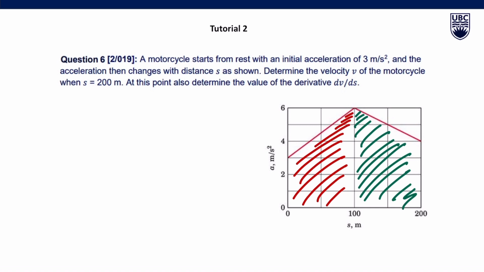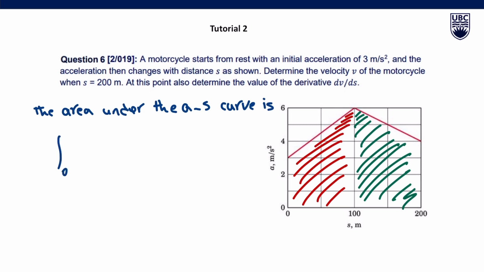So the area under the acceleration distance curve is the integral from 0 to v of v dv.